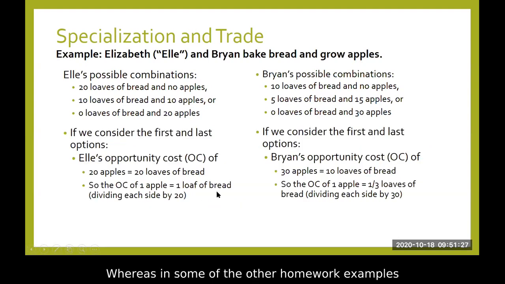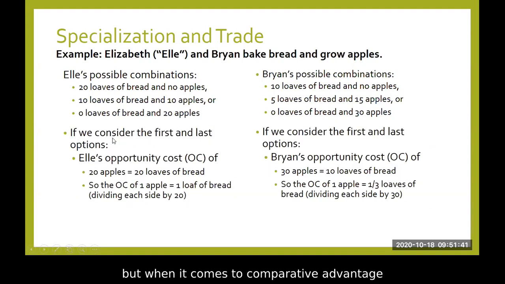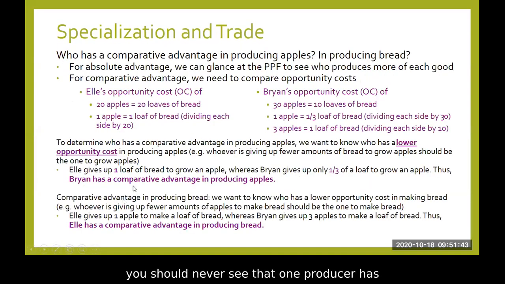Whereas in some of the other homework examples, you might see what happens when one producer has an absolute advantage in both. So it is possible for one producer to have an absolute advantage in both, but when it comes to comparative advantage, you should never see that one producer has a comparative advantage in both because of the way that these ratios work out.